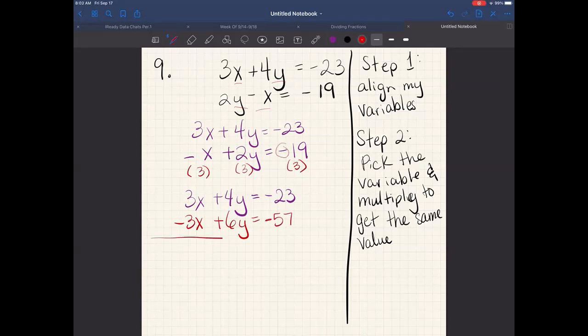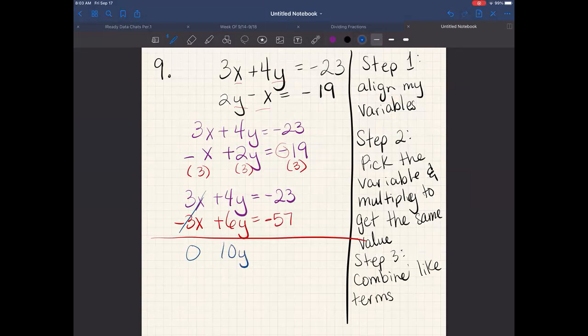So now I can go ahead and do step 3, combine like terms. Okay, so 3 minus 3 is what? 0. 4 plus 6? 10.